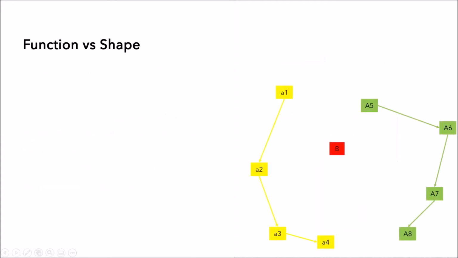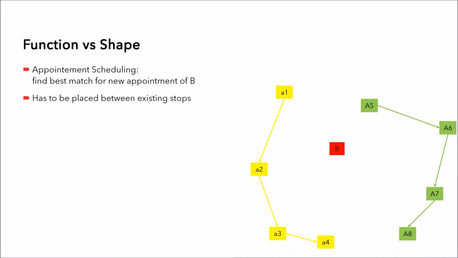Now I have a bit more complicated example. Let's say you have 2 tours, the yellow tour and the green tour, and there is a new order you want to take care of, order number B. Of course, you want to find the best appointment, and it has to be meaningful. You have constraints, so you have to be able to perform a detour for this specific order, and you want to minimize some criteria, which is then called an optimal result.